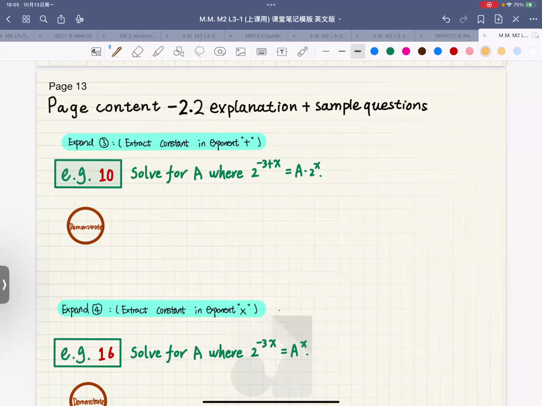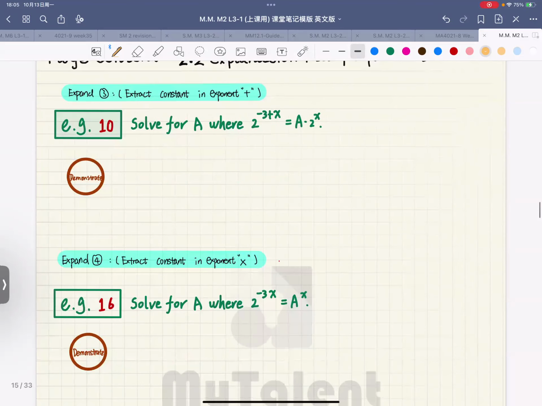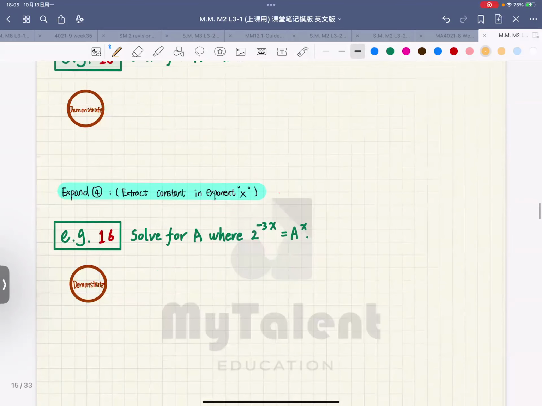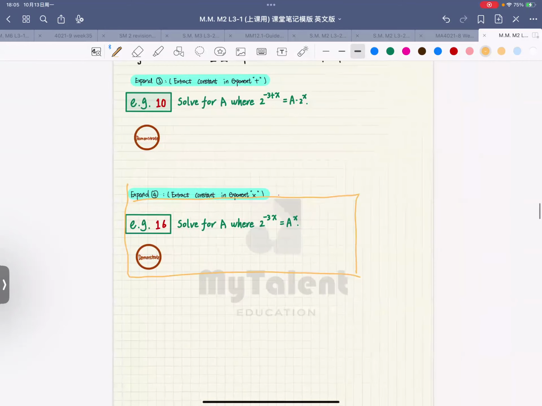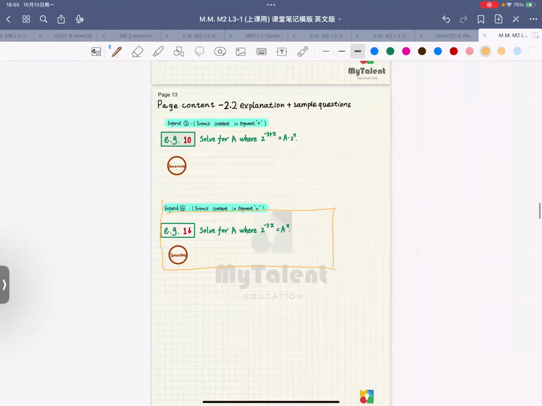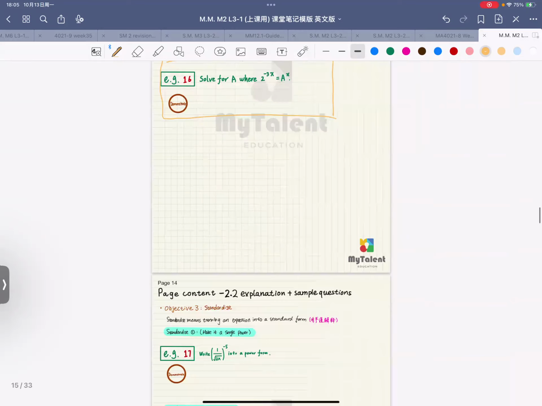All right. I'll quickly go through this. I think we've already gone through this. Okay, I'll skip this question. It's been done. And this one is your homework. All right, this one is your homework. Example 16. All right, let's move on to the next part.